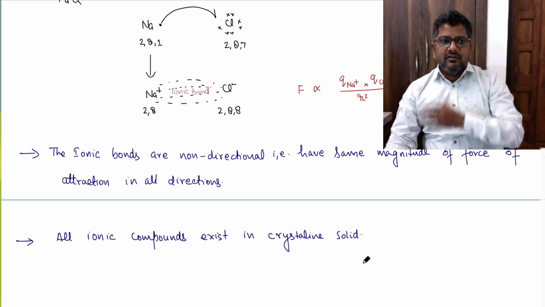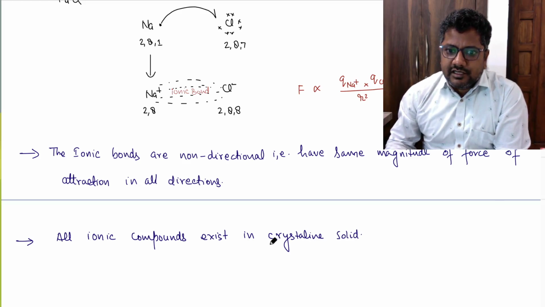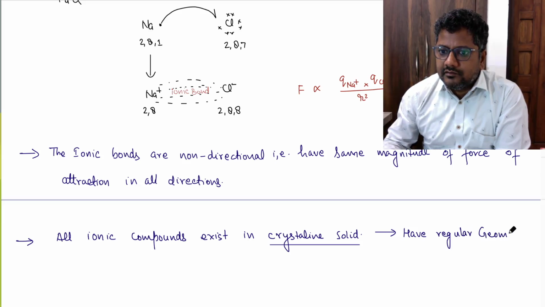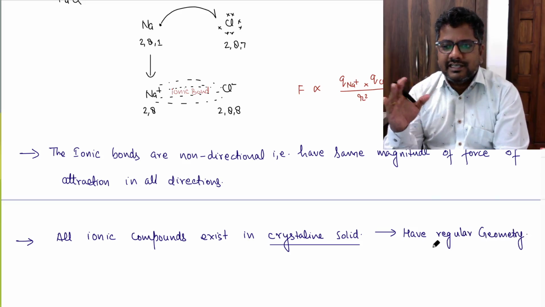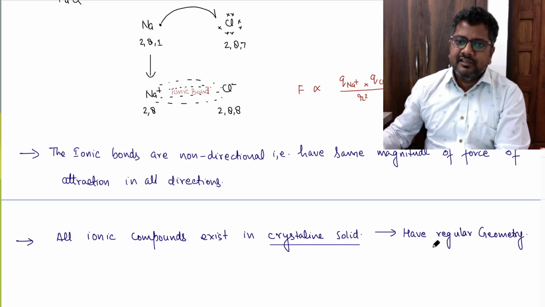What are crystalline solids? Crystalline solids have some characteristic features: they have regular geometry, well defined corners, edges, faces, everything is completely defined.